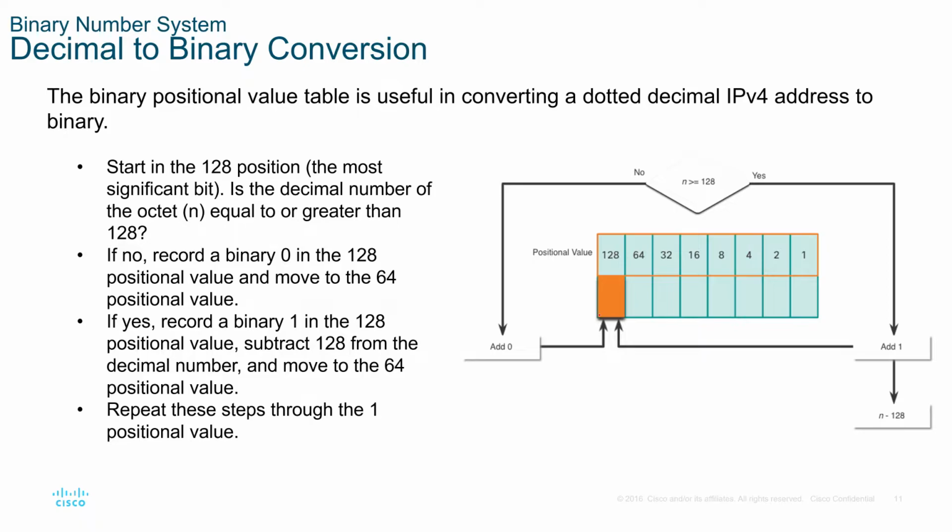You want to start in the highest position value, the most significant bit. And is the decimal number of the octet n equal to or greater than 128? If it is greater than 128, we would put a 1 in that box and move to the next. If it is not greater than 128, we would put a 0 in the box and move to the right.